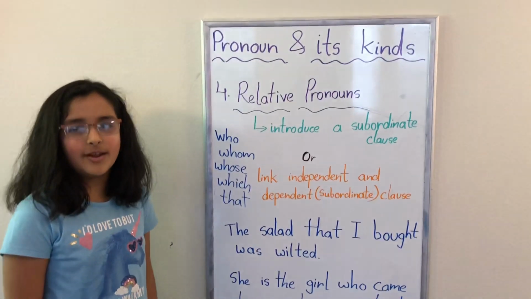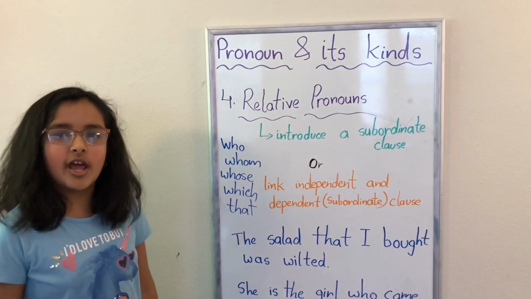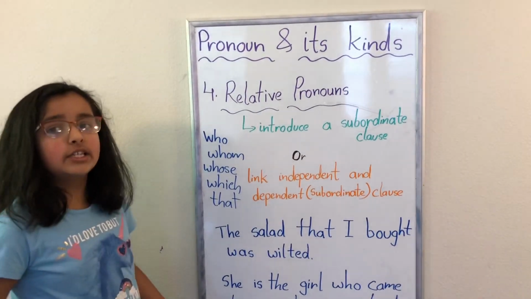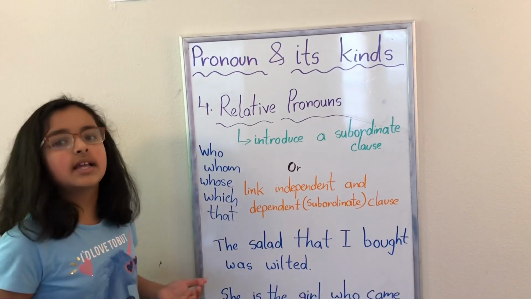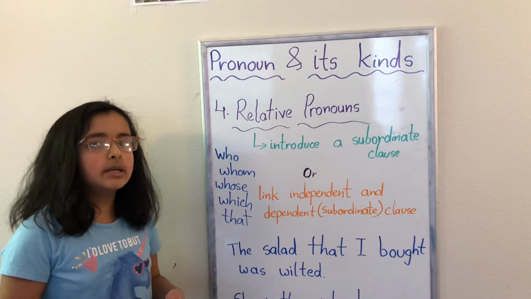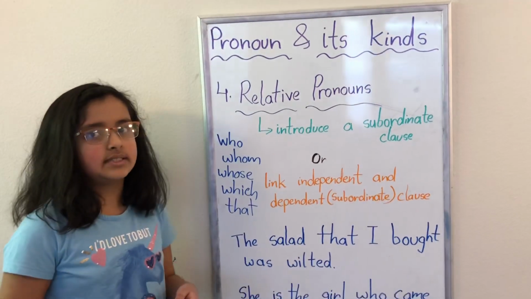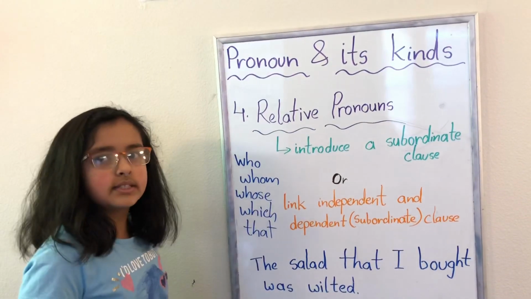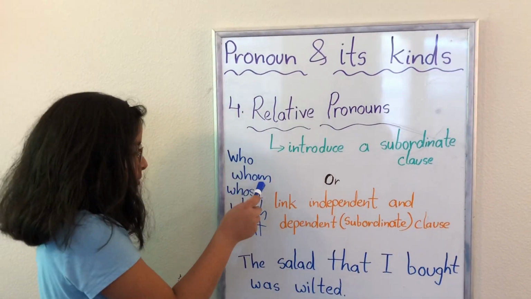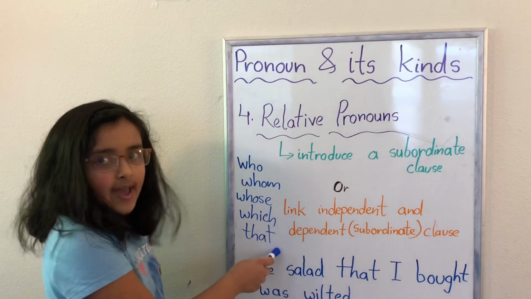The fourth type of pronoun is the relative pronoun, and relative pronouns introduce a subordinate clause, or you could say that they link independent and dependent clauses together. The examples of relative pronouns are who, whom, whose, which, and that.